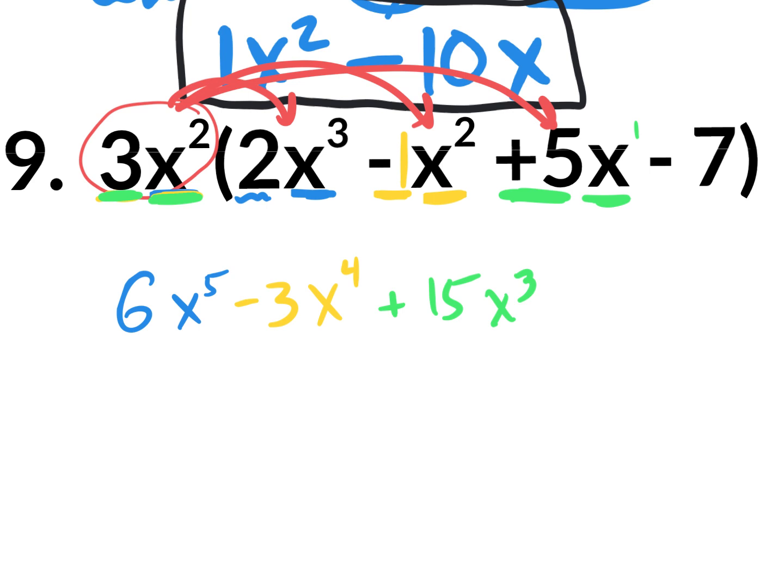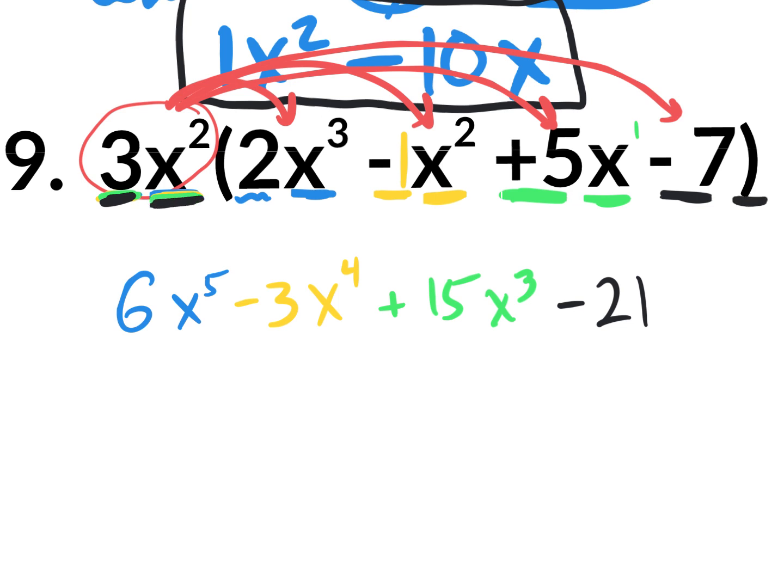And last but not least, let's distribute the 3x squared times the minus 7. Well, start with the coefficient. 3 times minus 7. What's 3 times minus 7? Minus 21, that's right. And then how about the x squared times, oh, there's no more x's, so I could just bring down that x squared. And there's my final answer, okay?